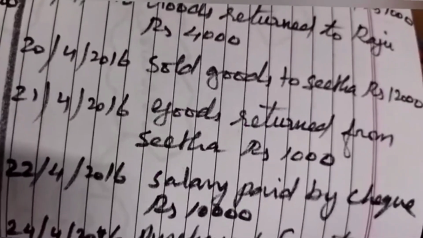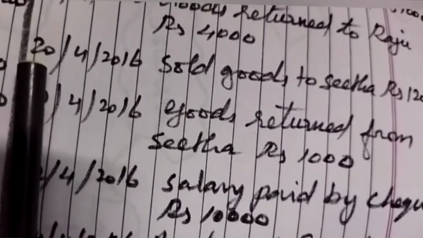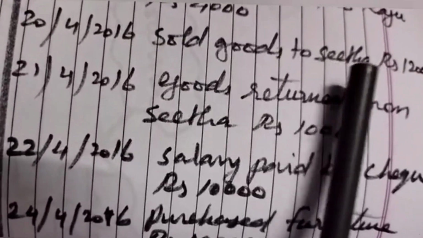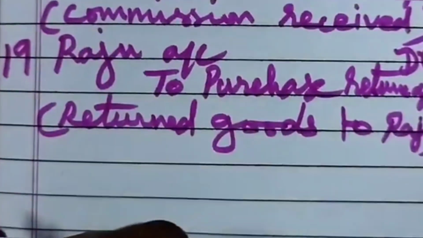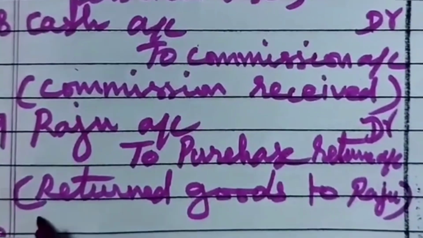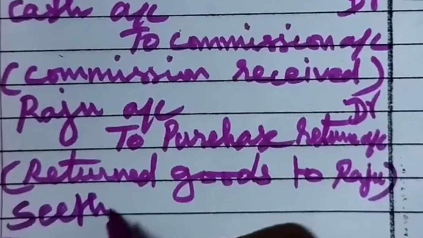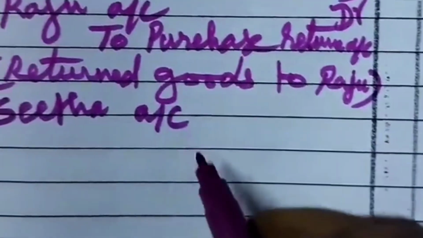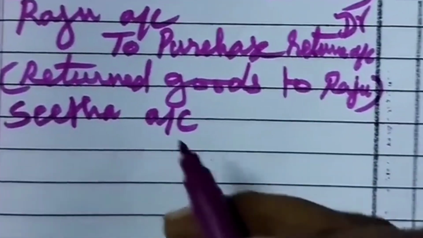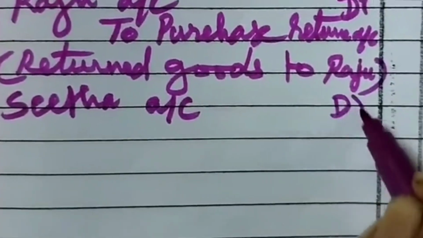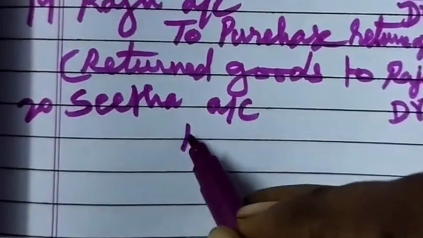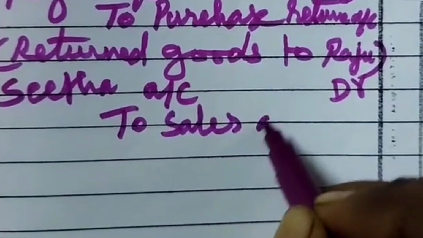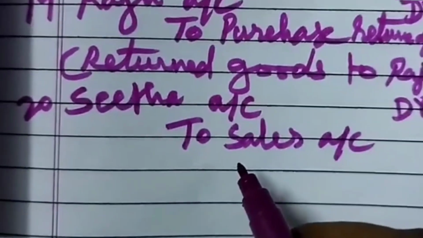What is the next transaction? 20th April 2016. Sold goods to Sita rupees 12,000. So Sita account should be debited because Sita account is a personal account. She is the receiver, so we are debiting Sita account. Then to sales account, because goods are going out from the business, so we are crediting the sales account.